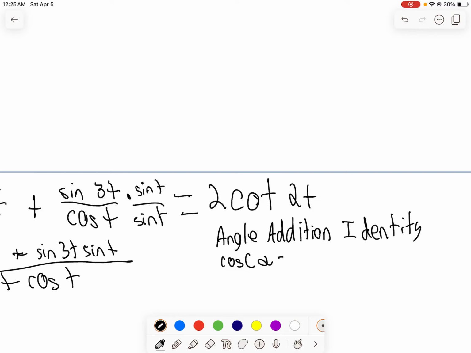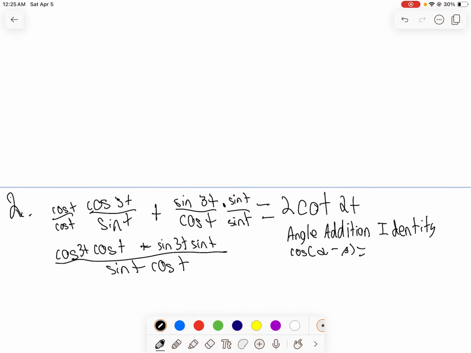Then you're subtracting some angle beta. Once again, Wikipedia names. You'll get cosine alpha cosine beta plus sine alpha sine beta.